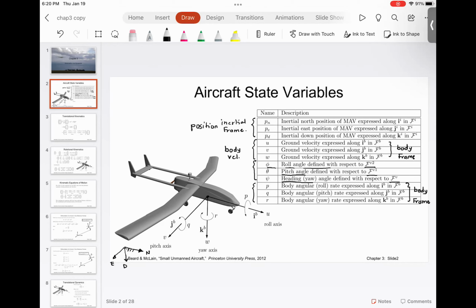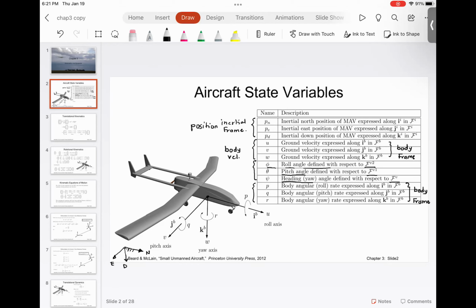Everyone understood this? Now, let me pose the other problem. Imagine if I have a GPS device on that aircraft. If I have a GPS device on that aircraft, GPS, after all the calculations, is going to give me PN, PE, and PD. Everyone understood this?